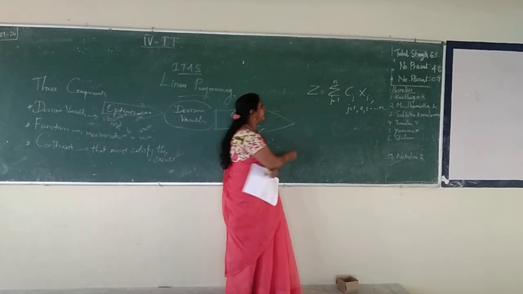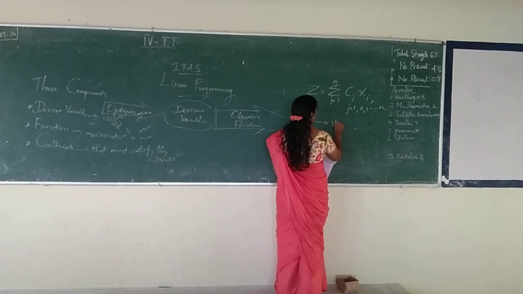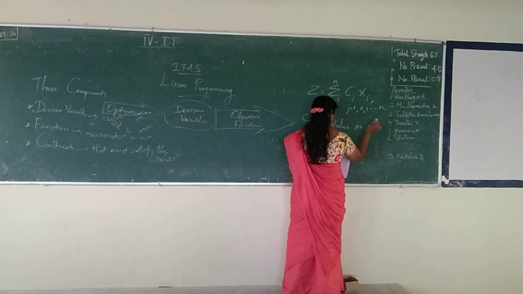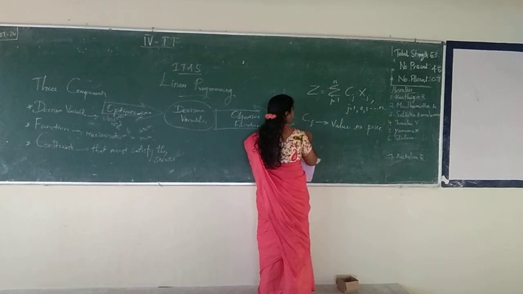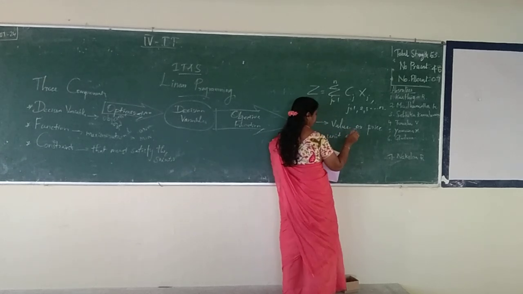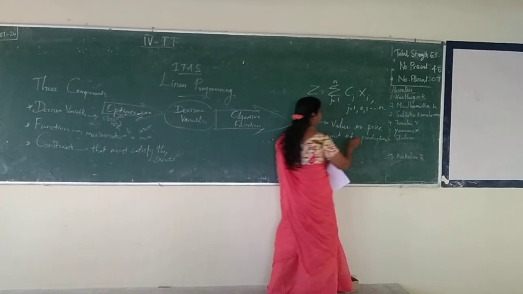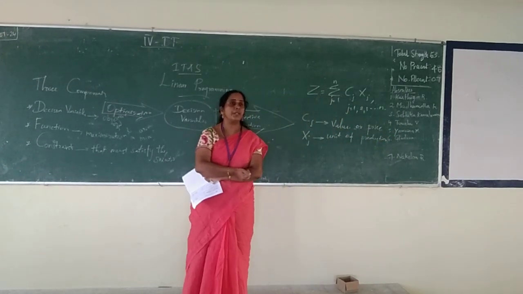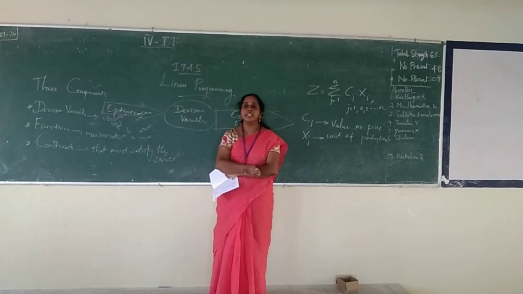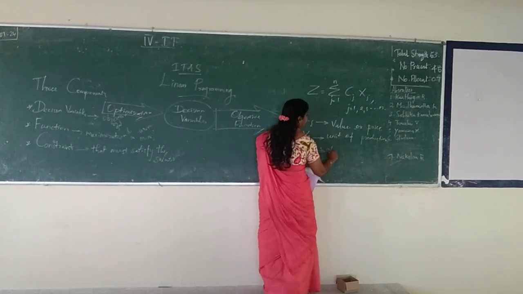In this equation, cj represents the value or price, xj represents the unit of production, and Z represents the objective function.